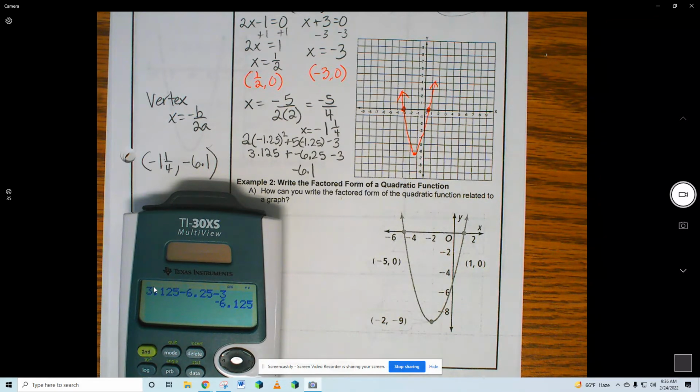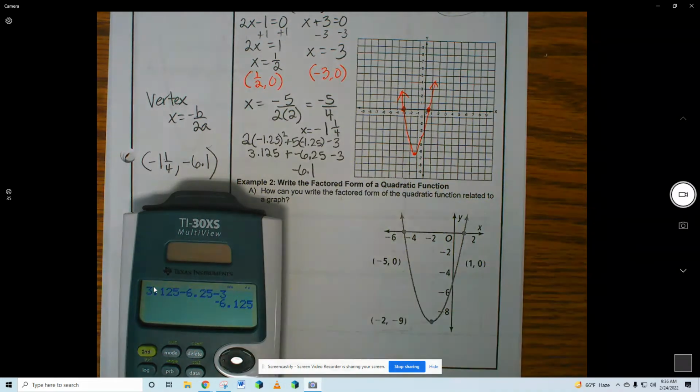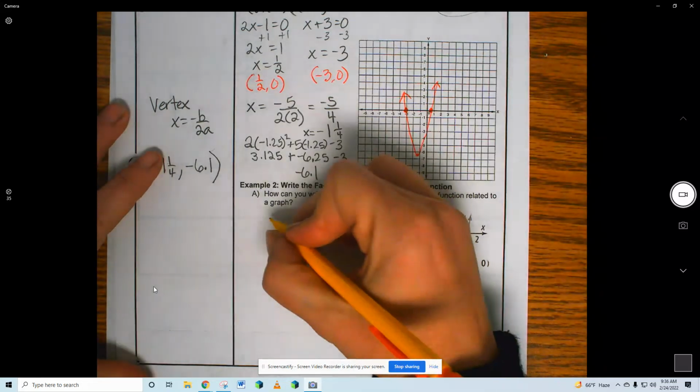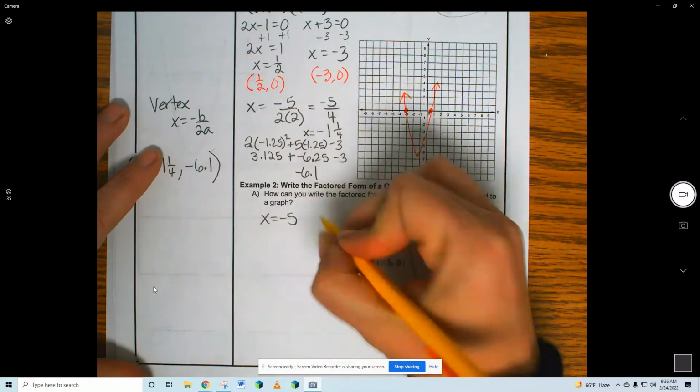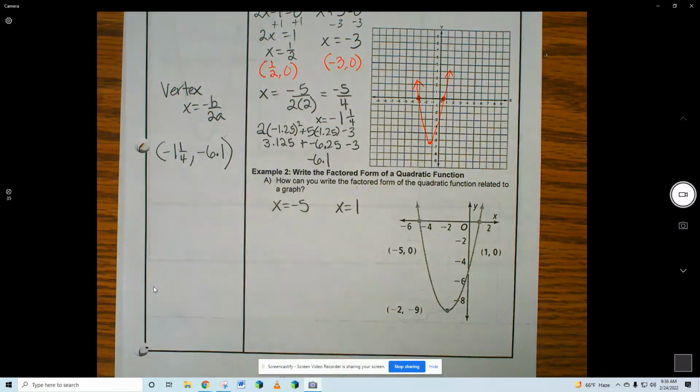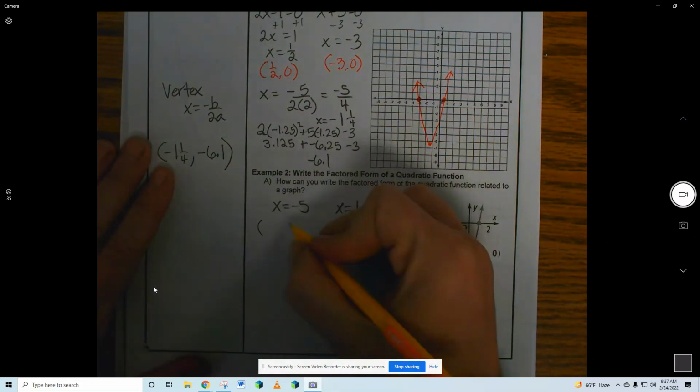Negative 5 and 1. Okay, can you write that down? How do I make that into a parenthesis? Remember how I would find this as my answer, but then the step before it was me having a parenthesis? What does that look like? Like this.